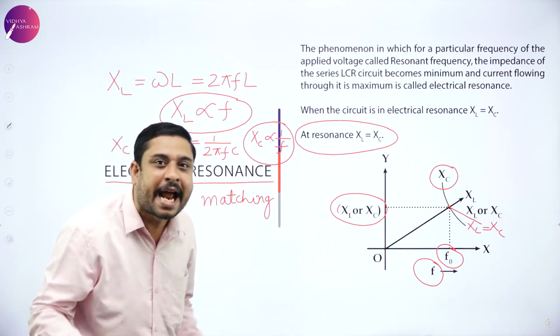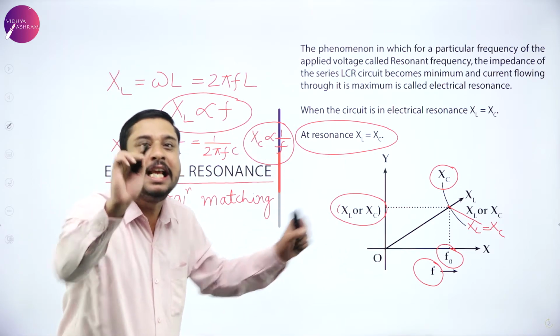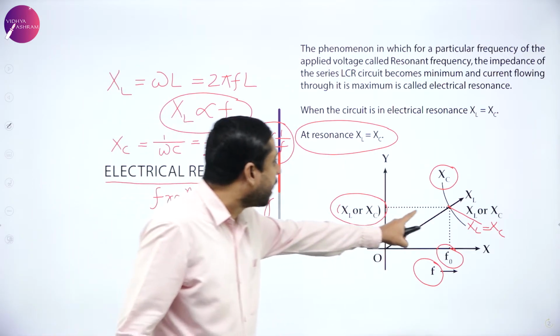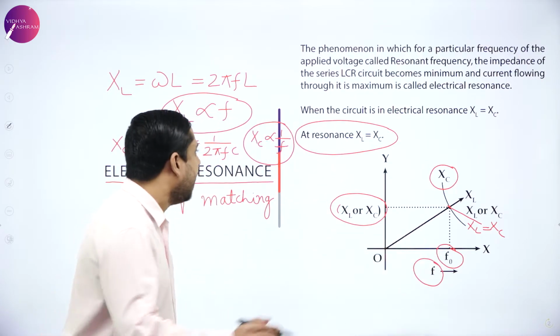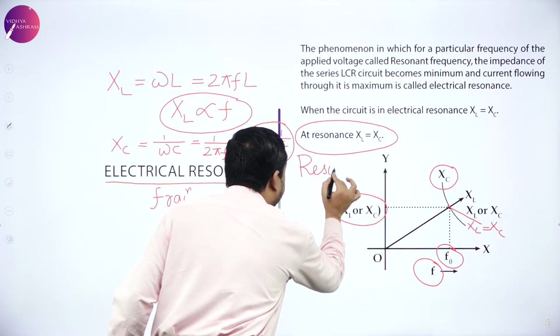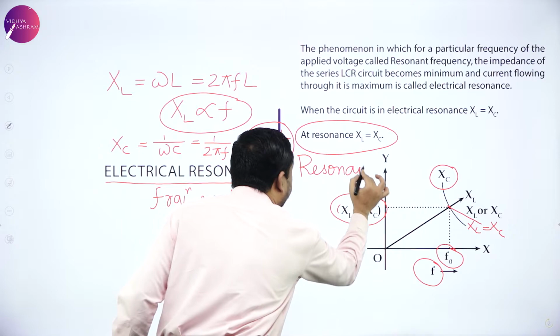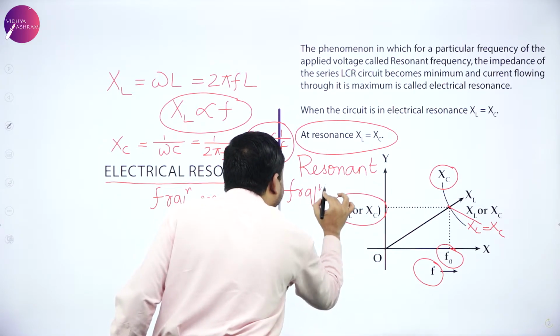Please understand, students, this happens only at a particular frequency f0, and this particular frequency is what we call resonant frequency.